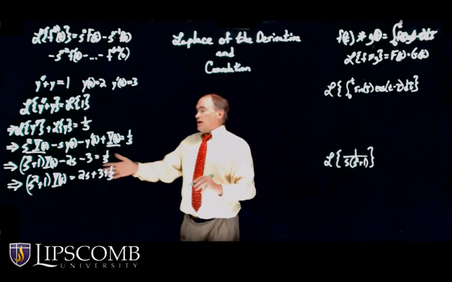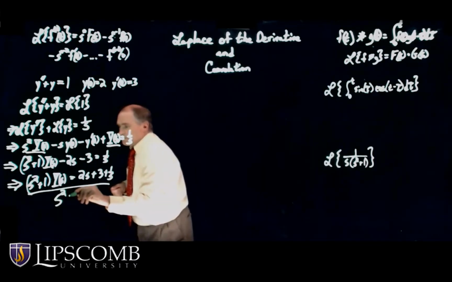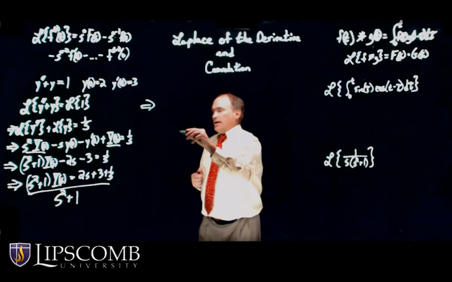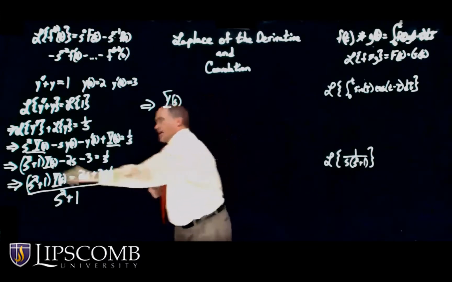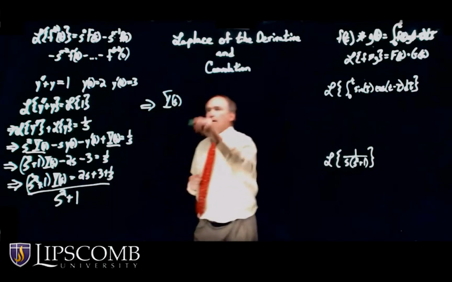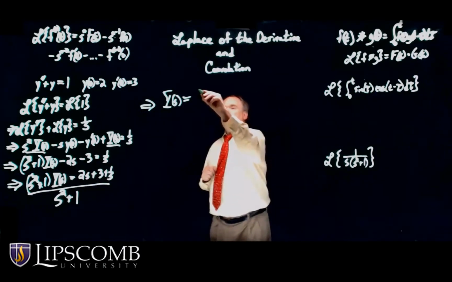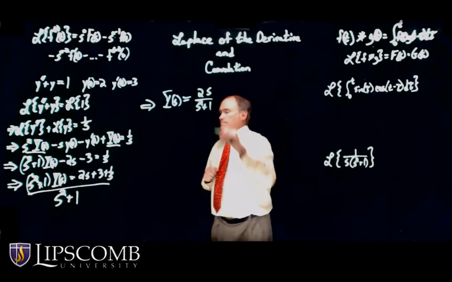So then all I got to do is divide everything by s squared plus 1. So what do I end up with? I'll end up with capital Y of s, because these cancel here, equals, well look what I got. I've got 2 times s over s squared plus 1.